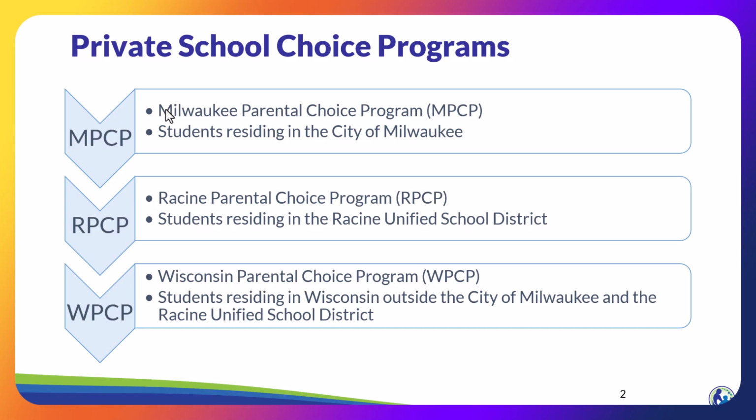Students who reside in the Racine Unified School District should apply to the Racine Parental Choice Program. Students who reside in Wisconsin but do not reside in either the city of Milwaukee or the Racine Unified School District should apply to the Wisconsin Parental Choice Program.